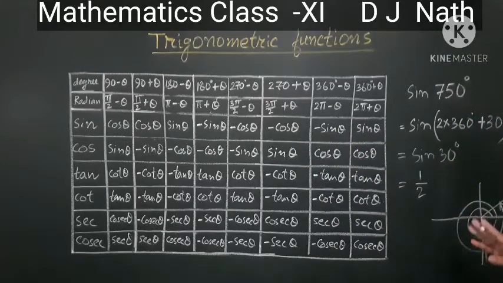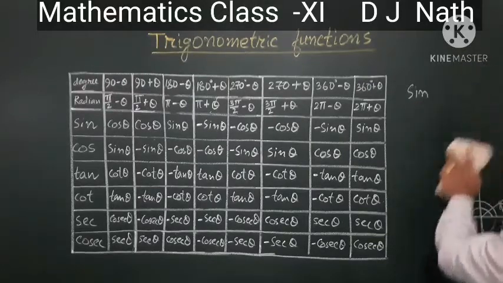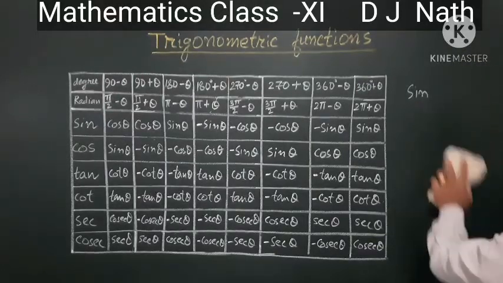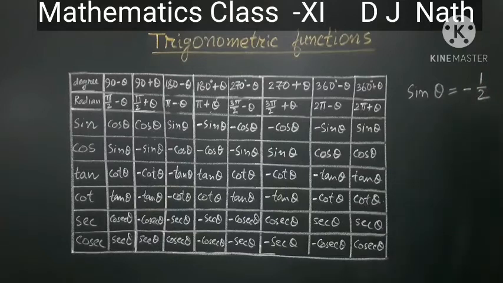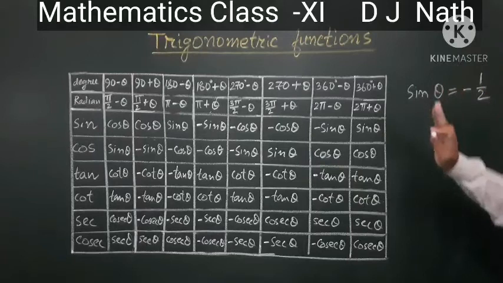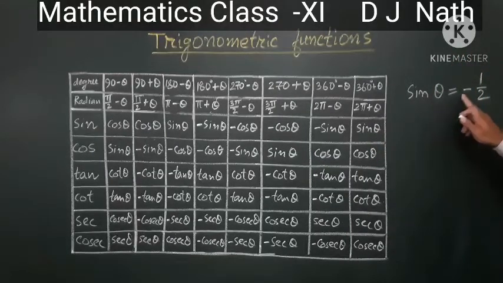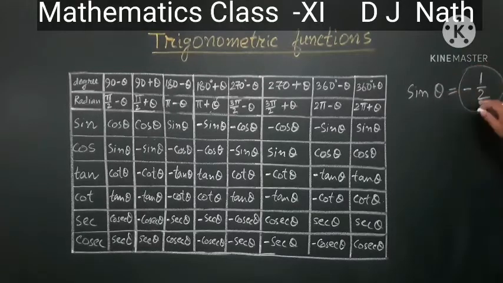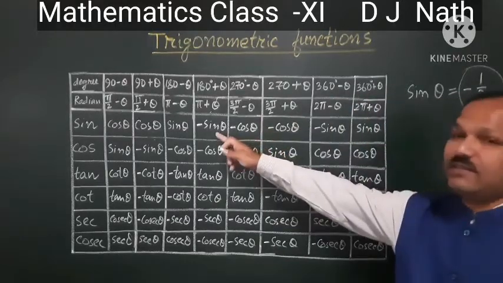Now a question is given: sin theta is equal to minus 1 by 2. You have to find the values of all other trigonometric ratios. Which angle will give sin theta as minus 1 by 2? We can see where sin theta is negative.